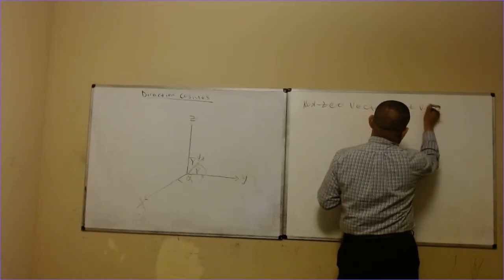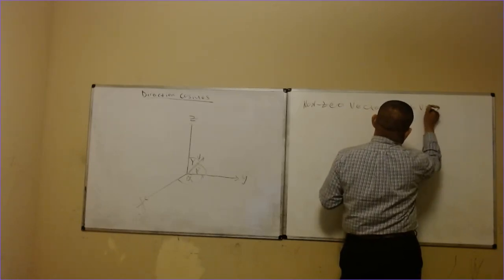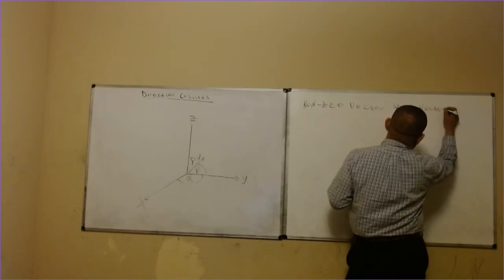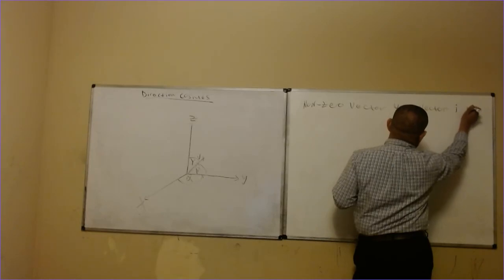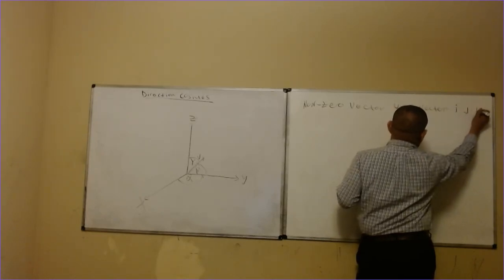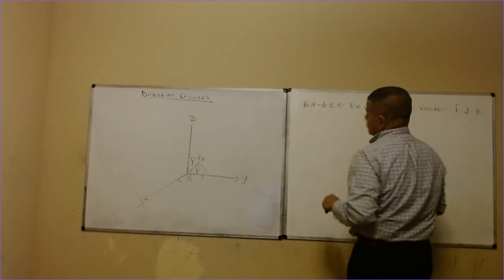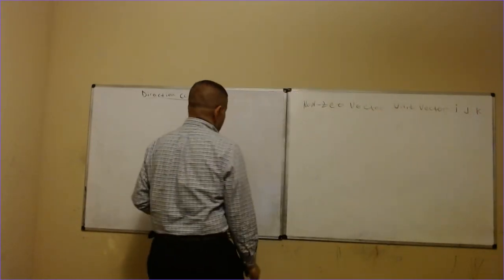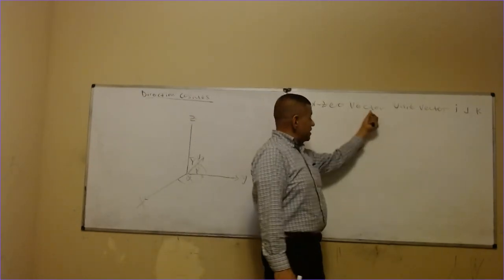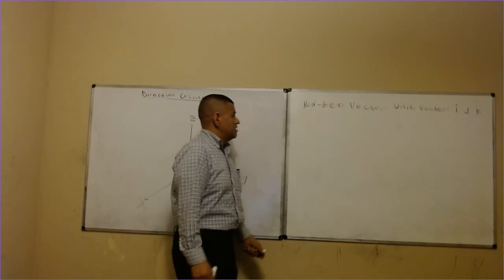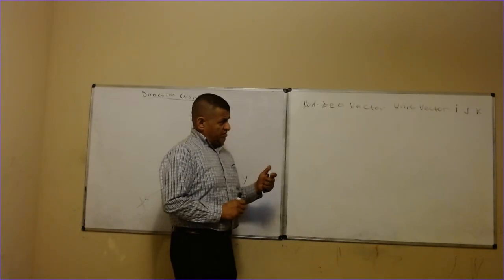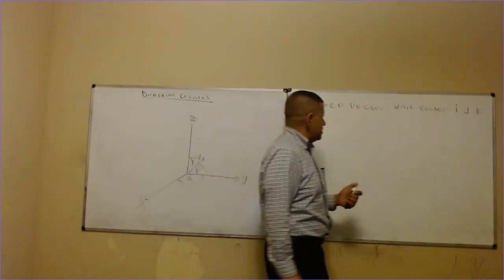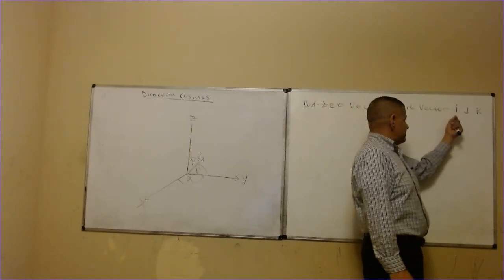Unit vectors I, J, and K. Let's assume that those are unit vectors, right? And they are non-zero vectors, of course. They've got to be non-zero vectors, because if we have a zero vector, then we have the other situation, right?